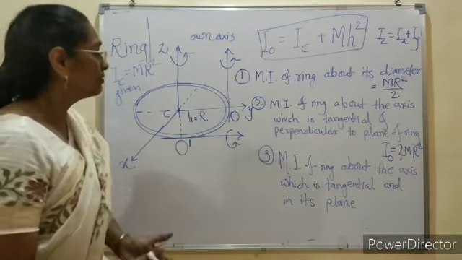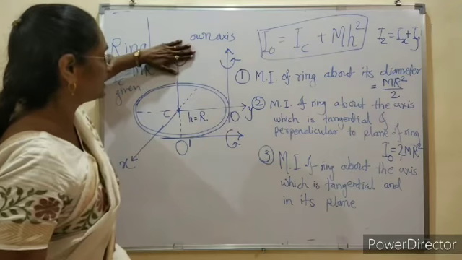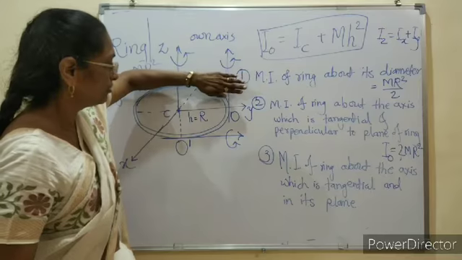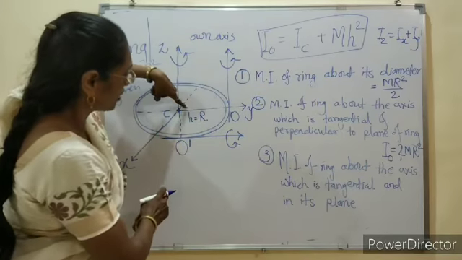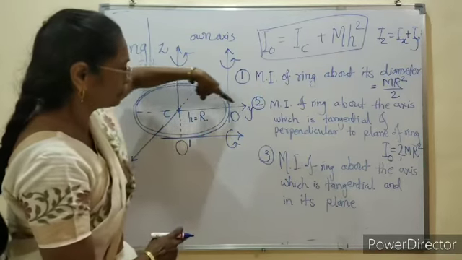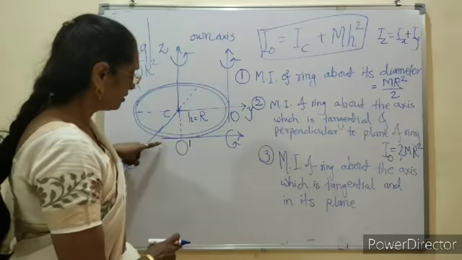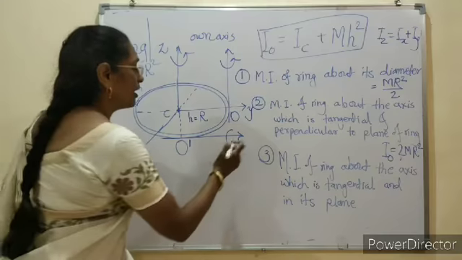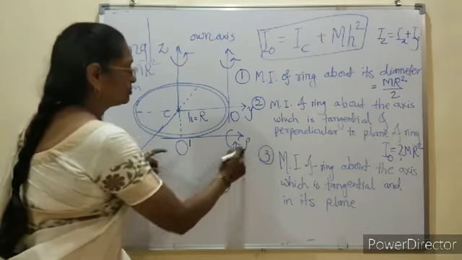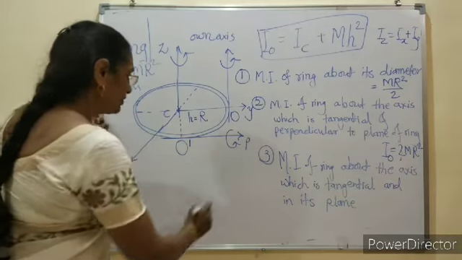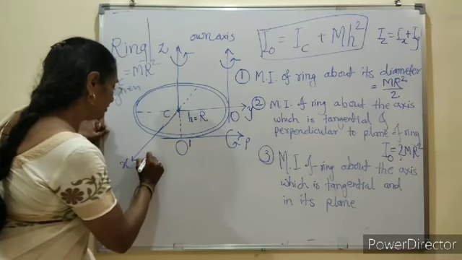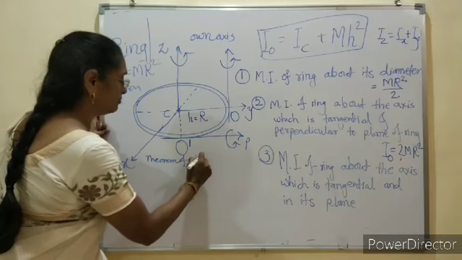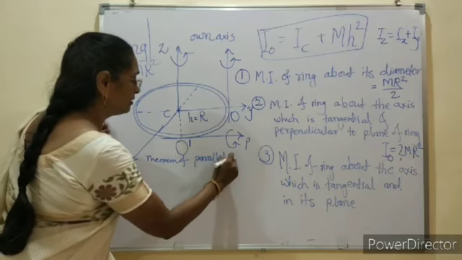Now here we have to ignore the Z axis, the axis in the second description. We have to concentrate only on two axes, the first one is the Y axis and the other we have drawn here. This is O dash, and suppose it is P, the O dash P axis. For that also we apply the theorem of parallel axis, because two parallel axes are there.